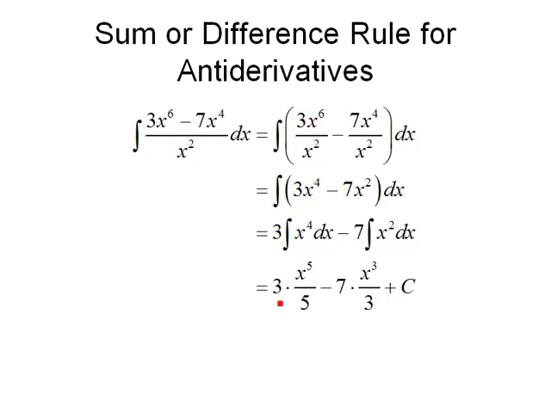So in the first antiderivative, we get 3 times x to the 5th over 5 minus 7 times x cubed over 3. And since I've taken my antiderivative, I add on the plus c integration constant at the end. Simplifying this a little bit, I get 3/5 x to the 5th minus 7/3 x cubed plus c.